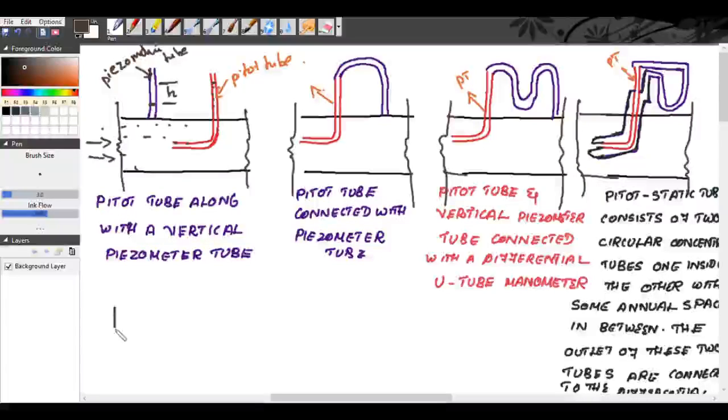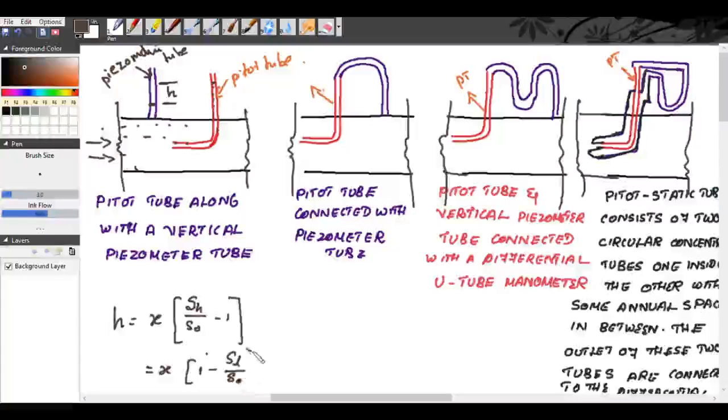So how will you find h? You have already studied this in the last class. h will be equal to x into Sh by S0 minus 1, or x into 1 minus Sl by S0.